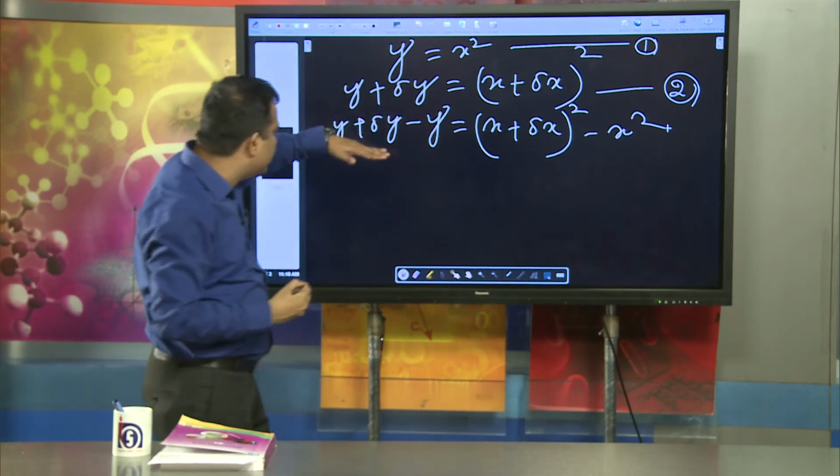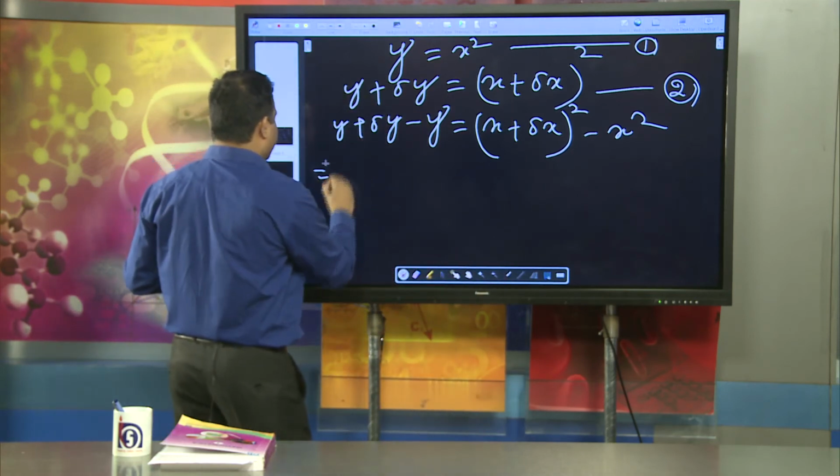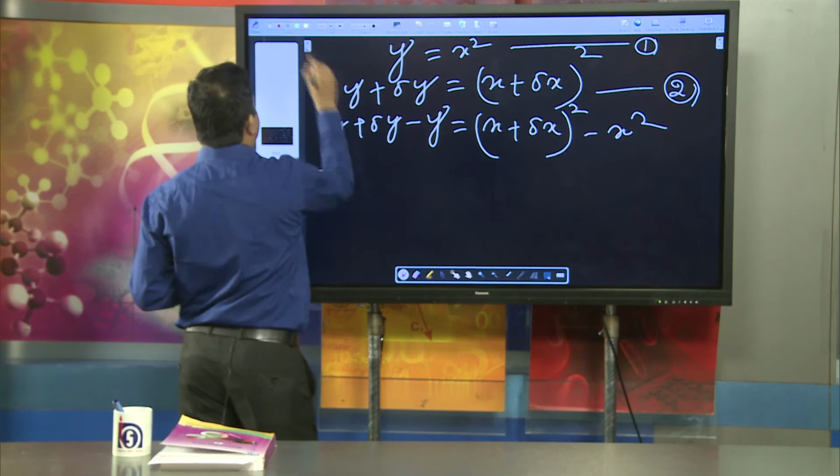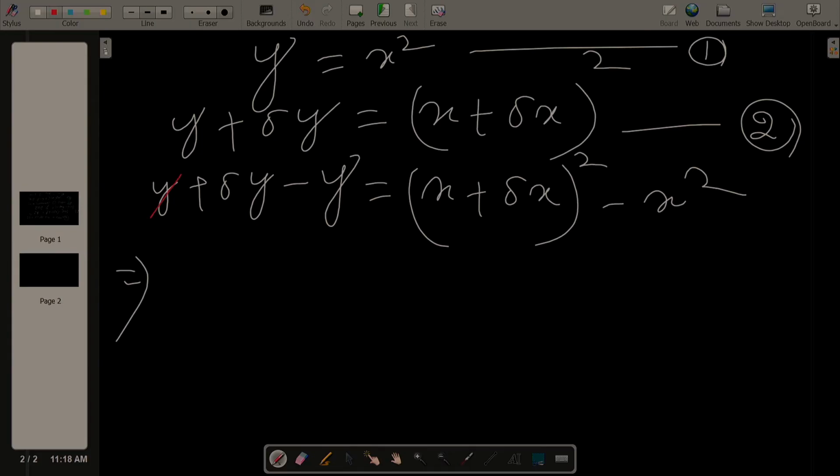Again I would like to simplify it. The y will cancel, since this is plus y and this is minus y. So you will get del y equal to x plus del x whole square minus x square.